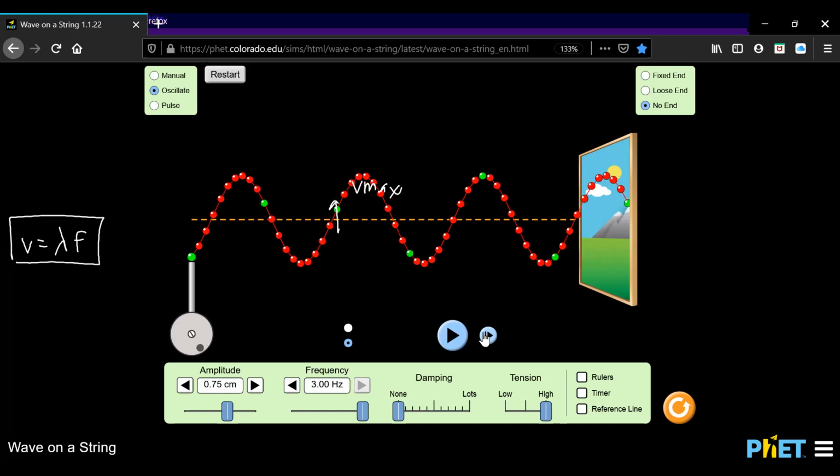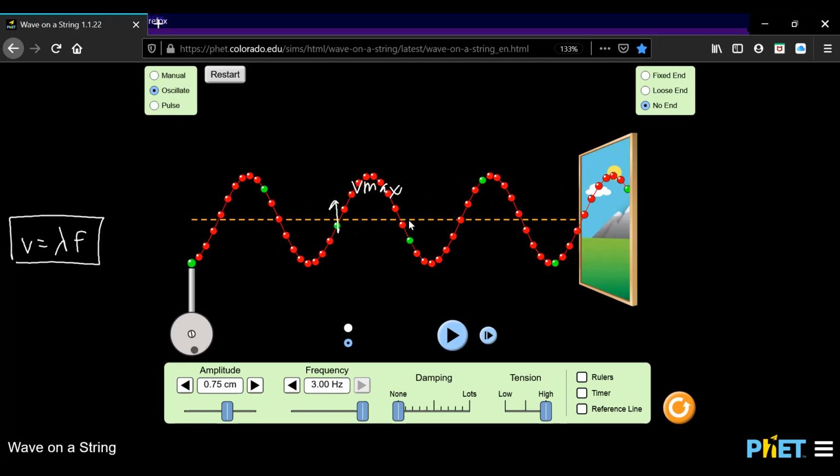And so now if I look at the max speed at this point, it is much bigger. The max speed at the center here is much bigger. So Vmax for a high frequency is much bigger than Vmax for low frequency.